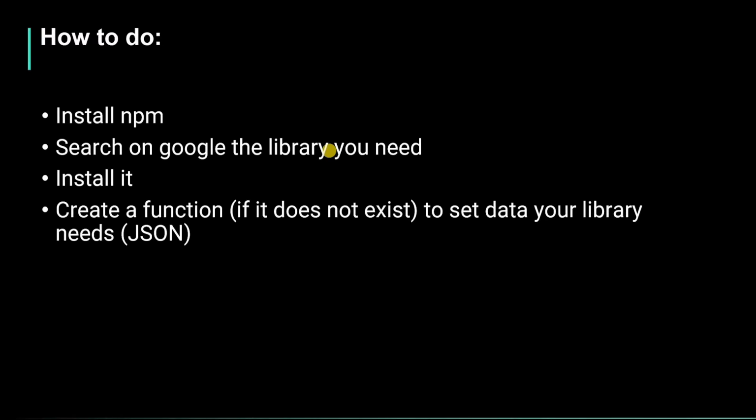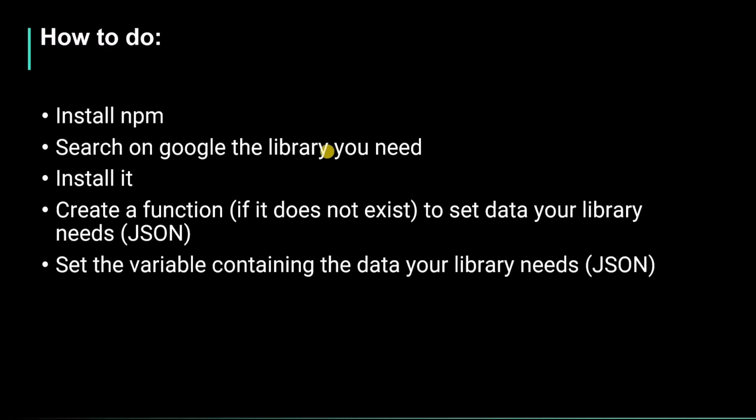This data is always a JSON string. After that, you set the variable containing the data your library needs, and call the function that uses this data to draw everything you want in your library.